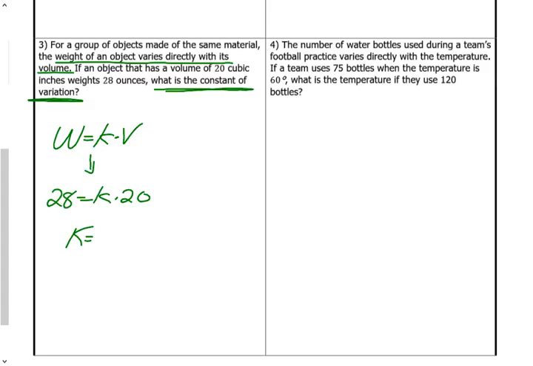And 28 divided by 20, whoops, I'm going to get 7 over 5. You would do the same thing if I said inverse. We would just start off with the inverse equation formula.